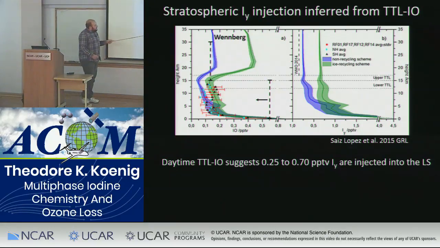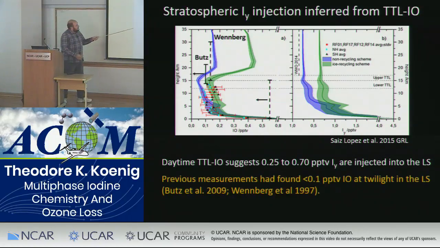And if I put on a few more numbers here, this is approximately what Wennberg would get as their upper limit for IO. They would say that the troposphere is below this. Granted, that's very much true. And then they would say that the IO up here is below this line, which, if we extend the consistency here, is below both of our predictions based on what we see in the upper troposphere.